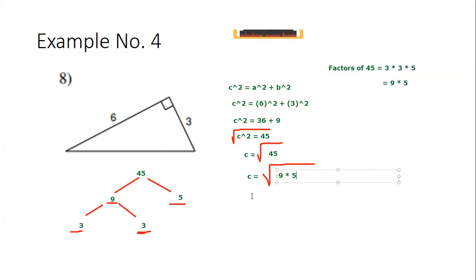By using the multiplication rule for radicals, separating these factors inside the radical sign, c is equal to the square root of 9.